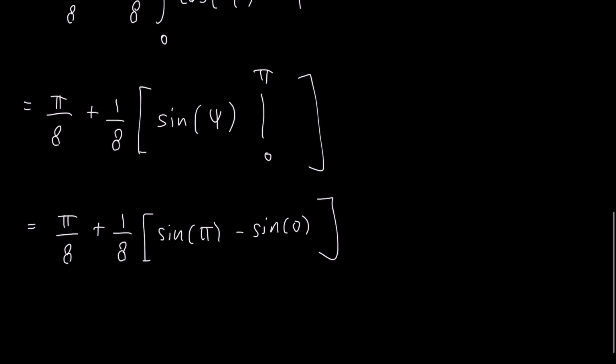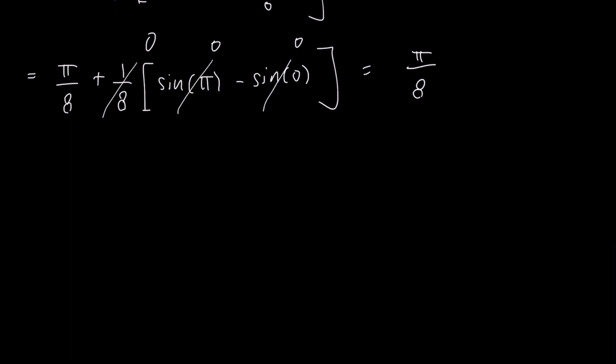But notice that the sine of pi is 0, and the sine of 0 is 0. So this whole thing collapses to 0. And we're just left with pi over 8. So now we could say, therefore, the integral from 0 to 1 of x times the arcsine of x dx is equal to pi over 8.